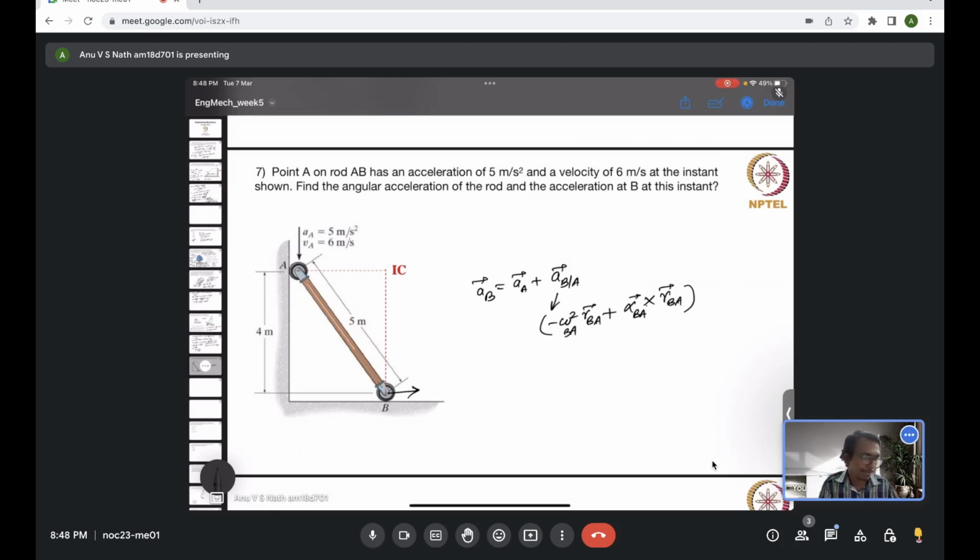Now coming to acceleration, you have to consider this equation, the relative acceleration equation. Just try to solve this. I will upload this with the solution and 2 or 3 extra problems, and you can try to solve them yourself.